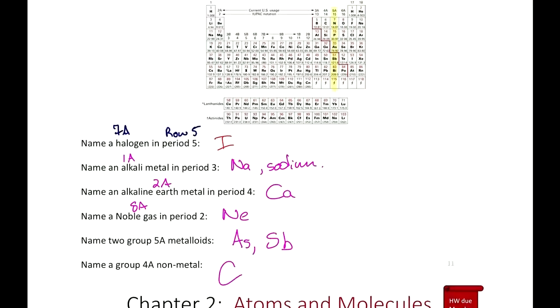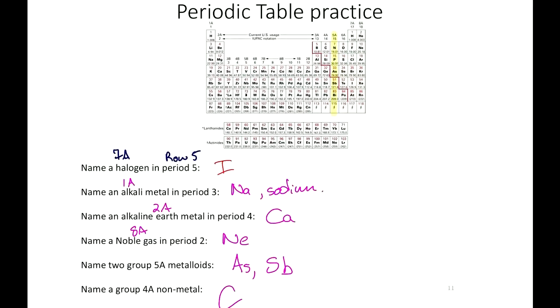All right, so those are the kind of questions to expect on the exam about navigating the periodic table, okay? And how I can make it a little bit harder is, I'm not going to ask you to actually spell something out, to type it in. But I could say something like, how many protons does antimony have?